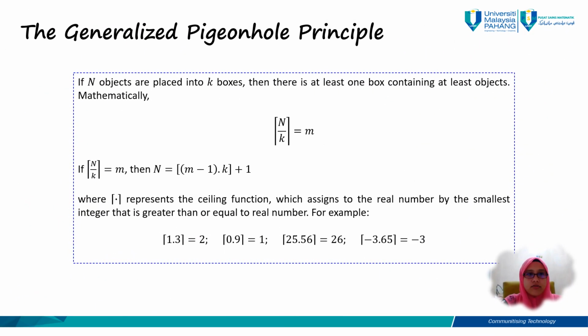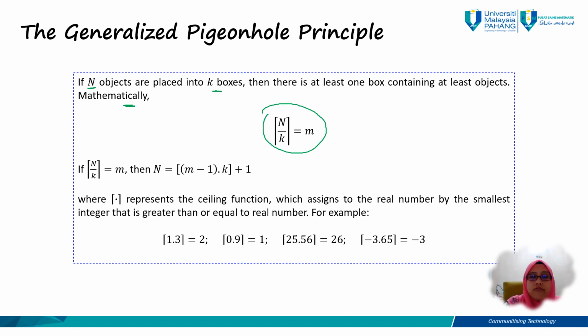Okay, before this we already discussed the pigeonhole principle. So now let's discuss the generalized pigeonhole principle. If n objects are placed into k boxes, then there is at least one box containing at least ceiling of n over k objects. So mathematically we can write n over k is equal to m.